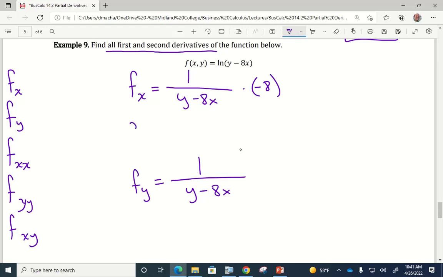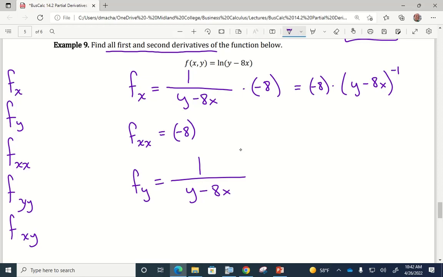If I want to take the second derivative here with respect to x, I'm going to keep my negative 8. And then I'm going to rewrite this just a little bit so that I can make it easier on myself to take the derivative. This is going to be like y minus 8x to the negative 1 power, because it's in the denominator.